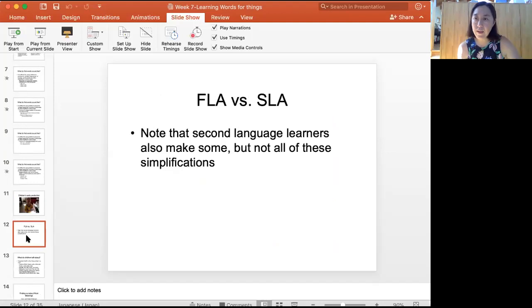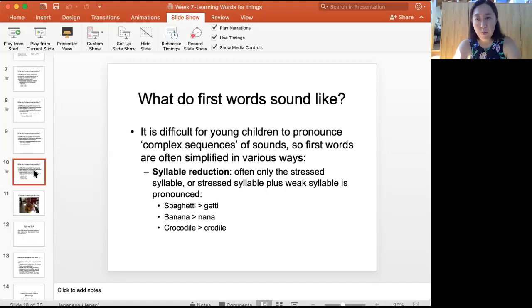When you look at the mistakes children make, I said that even second language learners find TH difficult and replace it with S or Z. Looking at children's errors, some are like those second language learners make, but syllable reduction, like with banana, is not really seen in second language learners.